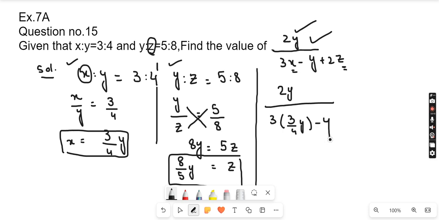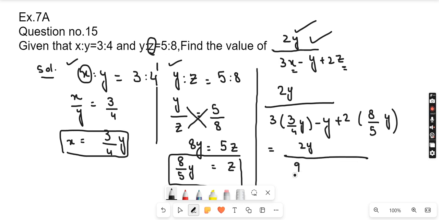In place of y as it is. In place of z you will place 8 by 5y. So your whole question is coming in terms of y. From here it becomes 9 by 4 y minus y plus 16 by 5y.